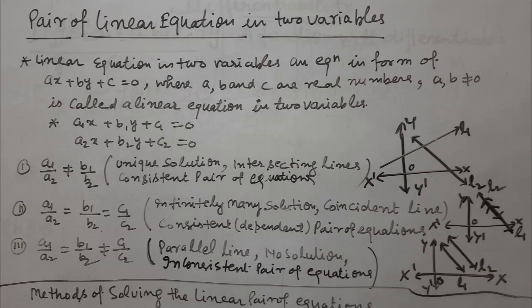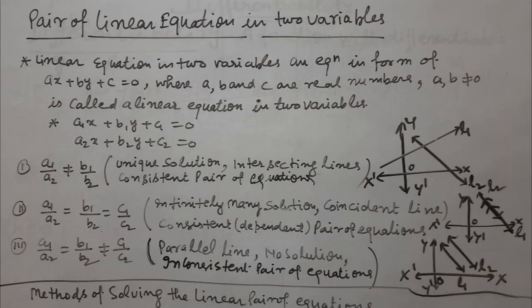Now we will compare the coefficients of x, y and the constant term to find the conditions for solvability. Condition number 1, if a1 upon a2 not equal to b1 upon b2, lines will be intersecting and there is a unique solution. The pair of equations will be consistent.